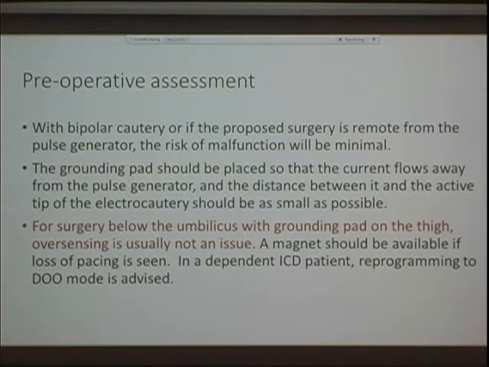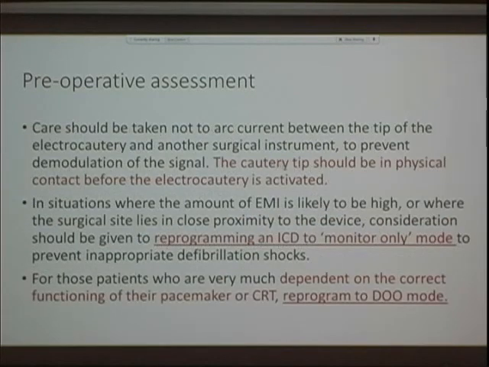The only other thing is that sometimes the cautery tip, if it is in contact with the tissue or with another instrument before it is activated, then it's not going to generate an extra source of current. But if the surgeon activates the cautery before touching the patient, then you can have an arc of the current go from the tip of the cautery to another instrument, and that can generate some kind of noise that the pacemaker a little bit further away may pick up.